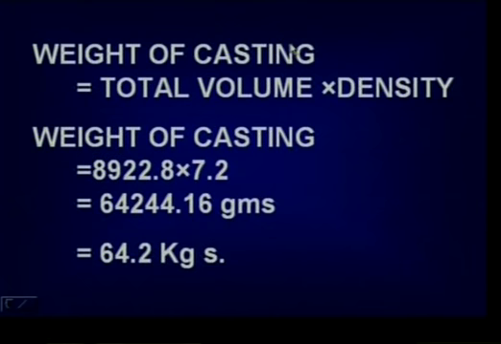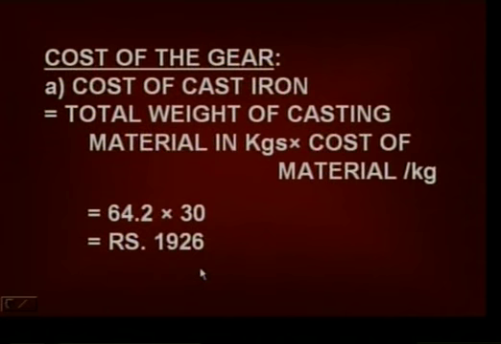Weight of casting is obtained by product of total volume with density of material. Now, weight of material is 8922.8 multiplied with density 7.2, the value becomes 64,244.16 grams. By converting into kilograms, it becomes 64.2 kgs.